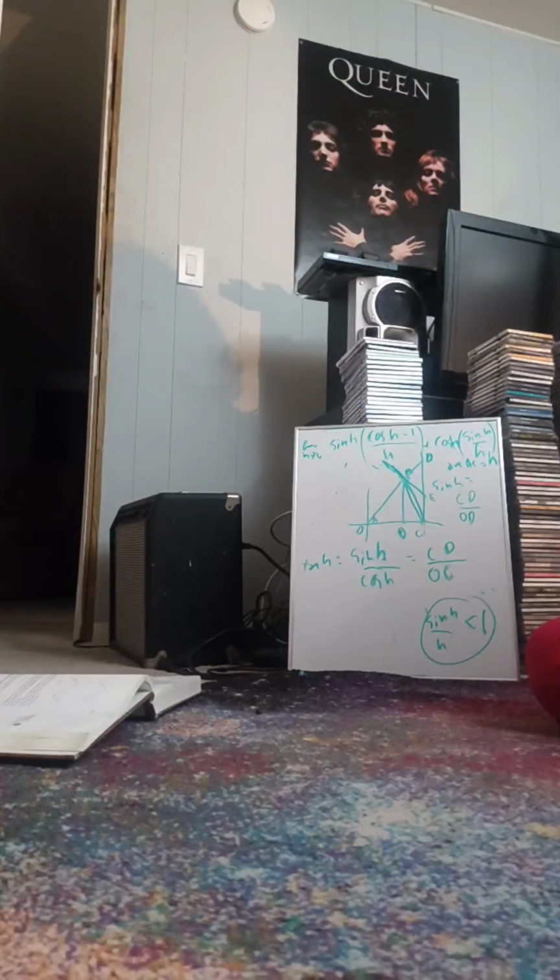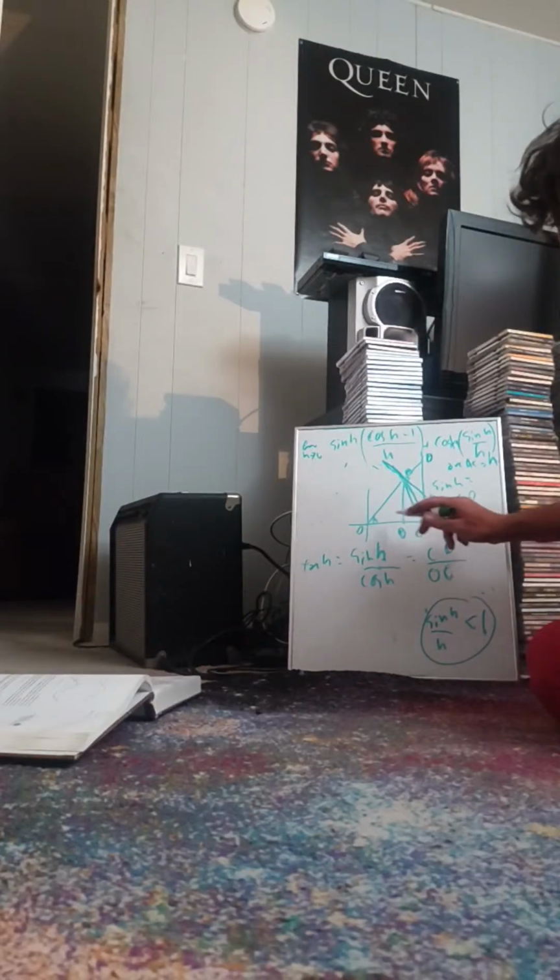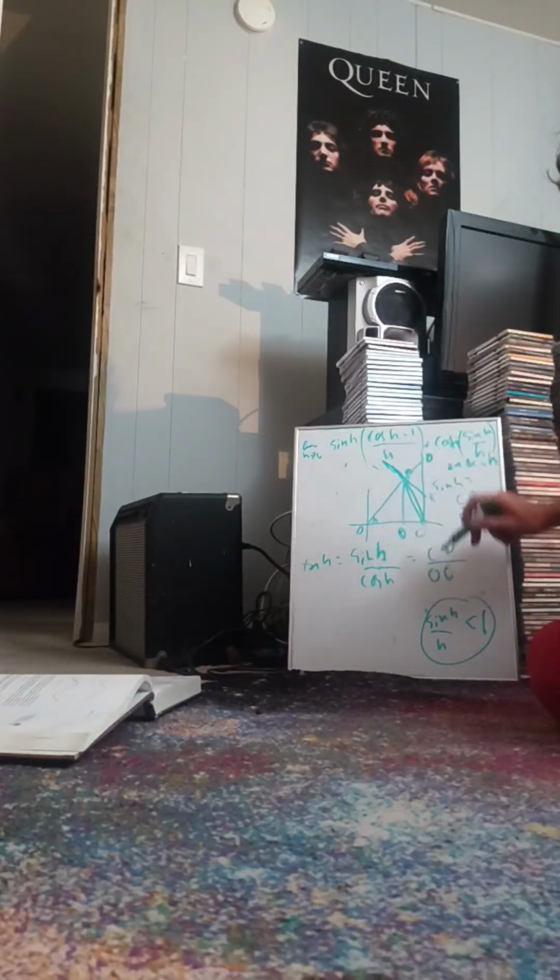So yeah, so tangent, but what do we know? Well, OC is the same as OA. They're both on the circle, so OC is 1.